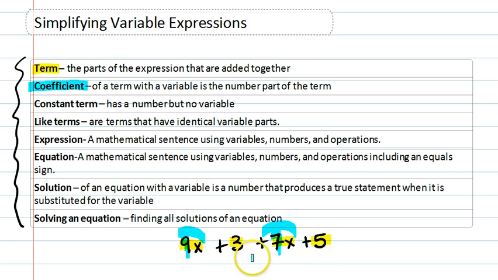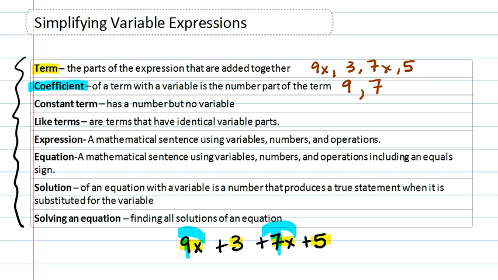So 9x is a term, 7x is a term, and they both have coefficients which are 9 and 7. So 9 and 7 are coefficients. Our terms were 9x, 3, 7x, and 5.